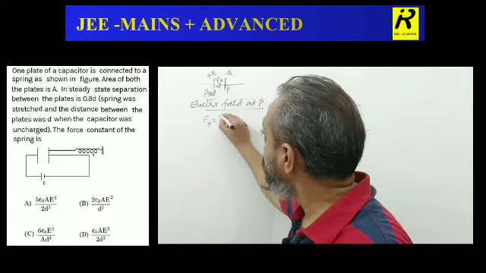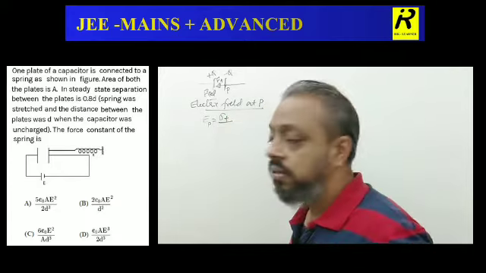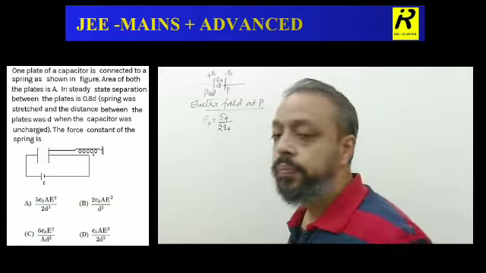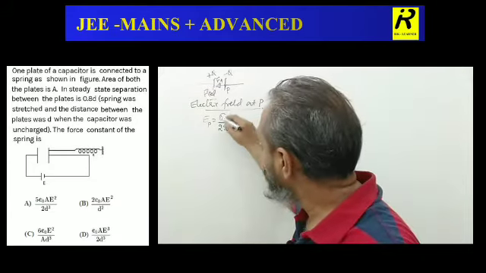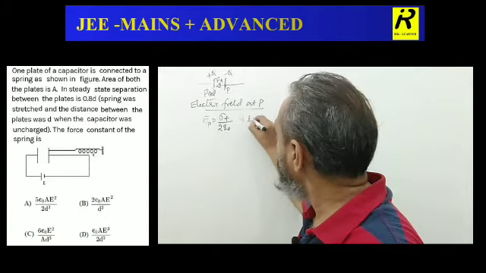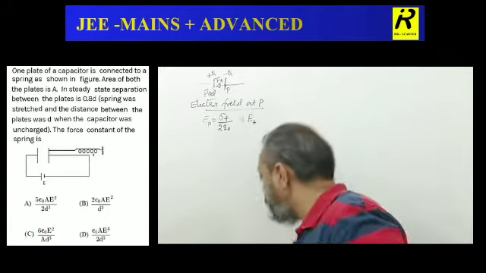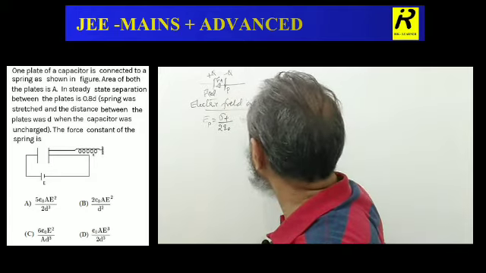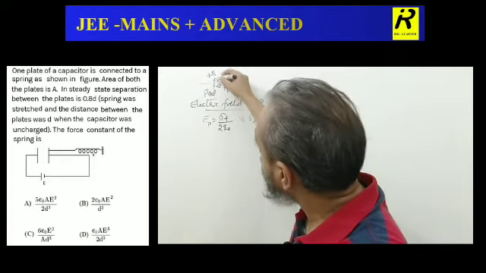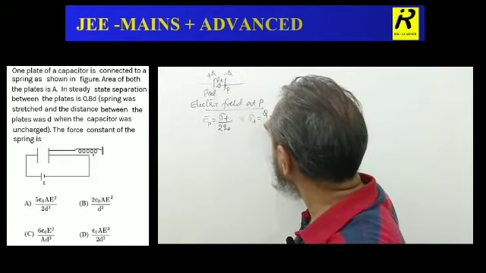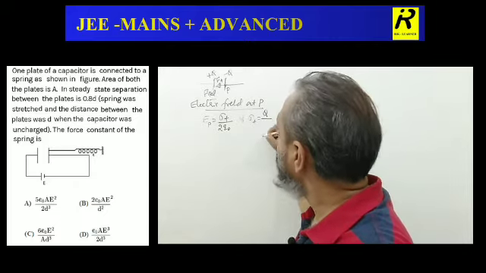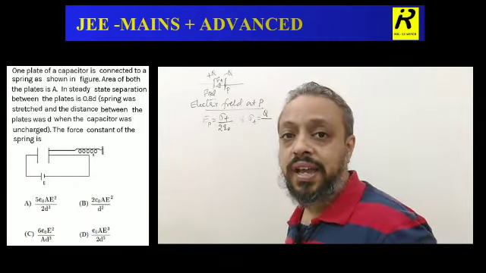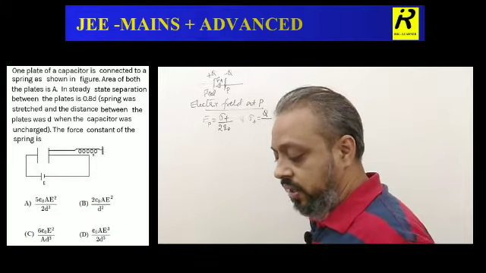So EP is equal to sigma plus divided by 2 epsilon O. Here sigma plus is the surface charge density of the positive plate, which is Q divided by the area of the plate, capital A as the symbol in the given question.